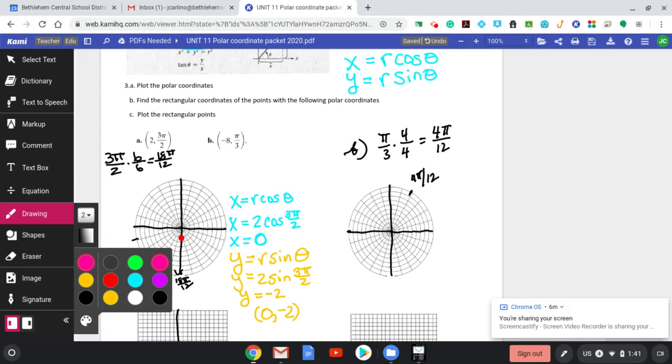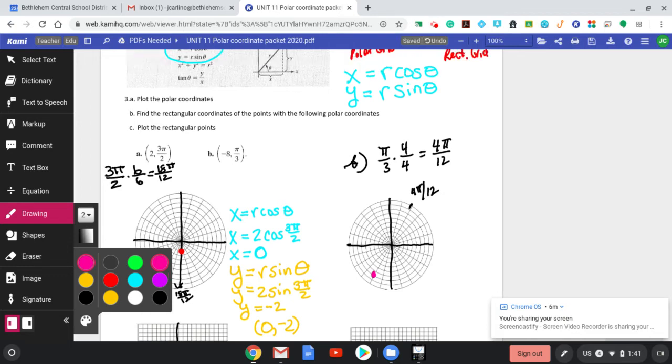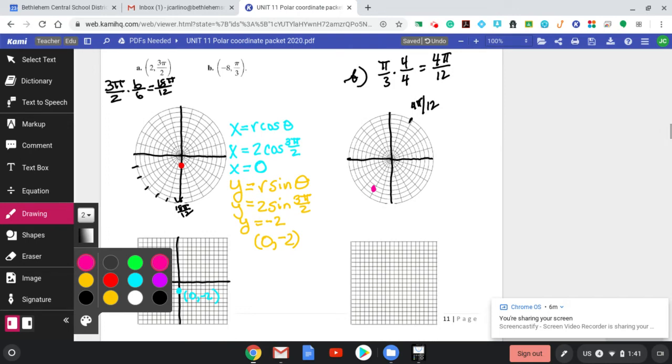1. I'm going right there. I always lose sight of that. 1, 2, 3, 4, 5, 6, 7, 8. Looks like I'm going to go right there. Okay? For -8, comma pi over 3. Because remember, you got to go the opposite side when it's negative. All right, let's convert now.